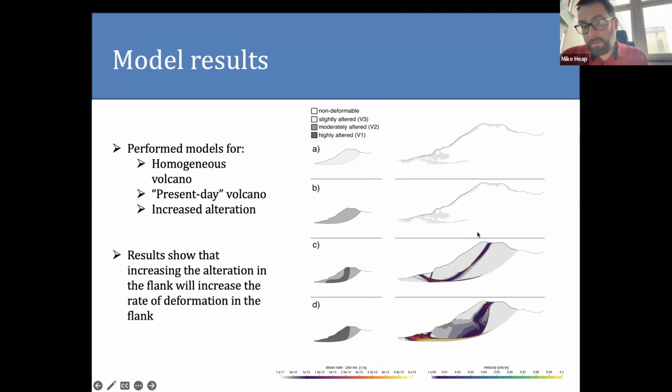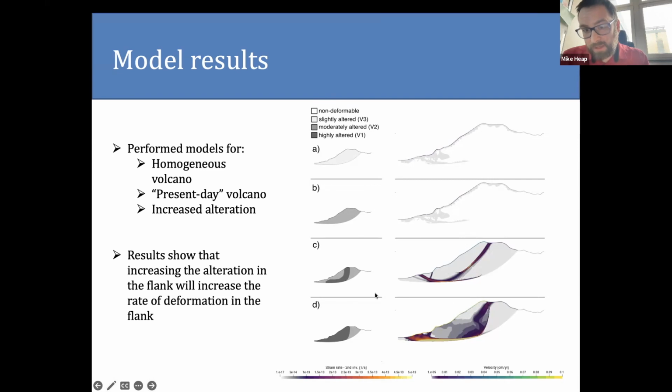On this side, we have the model results, where inside the volcano the different colors represent the strain rate. So you can see for the two homogeneously altered volcanoes, we don't really have much in the way of movement in the flank.